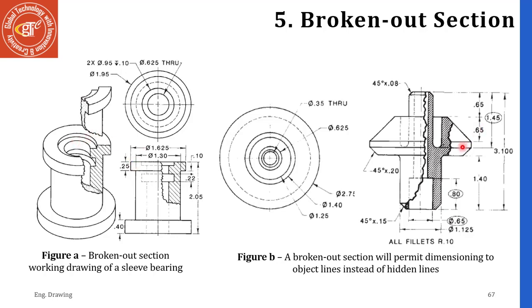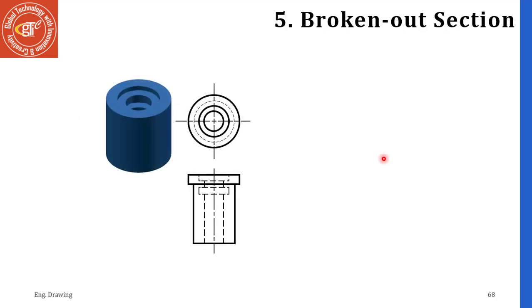On figure B, you clearly see a broken out section view that will permit the dimensioning to object line instead of the hidden lines. Here is again a quick representation of a broken out section view.